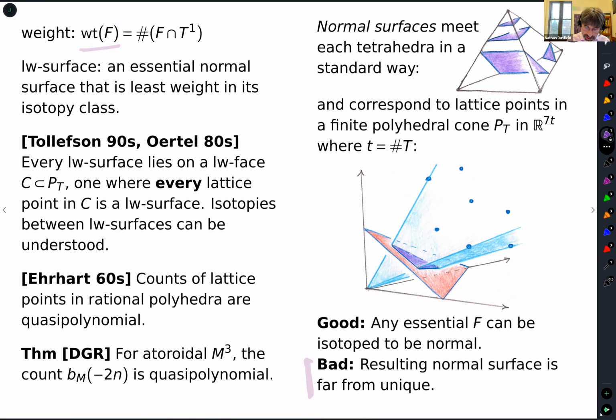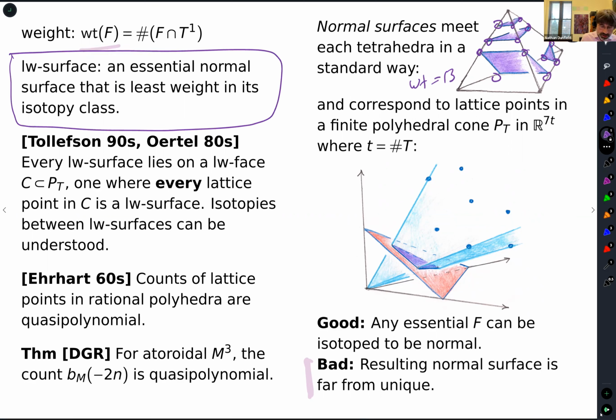For example, in this picture, the weight would be contributed by these points here. I guess in this picture the weight looks like 13 or something like that. And we might as well always look at normal surfaces where we minimize this weight.